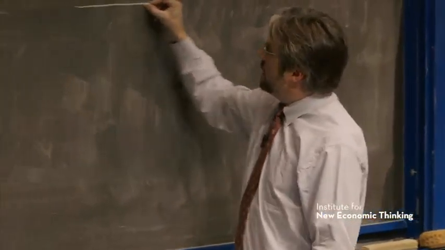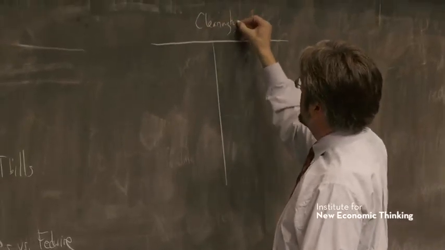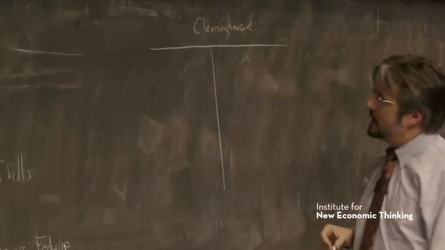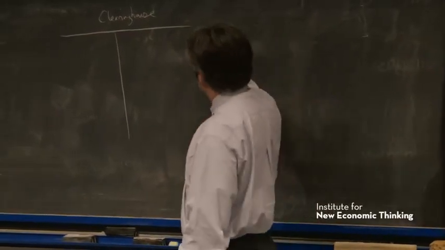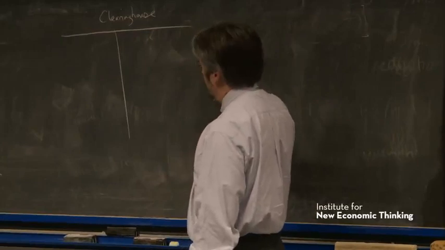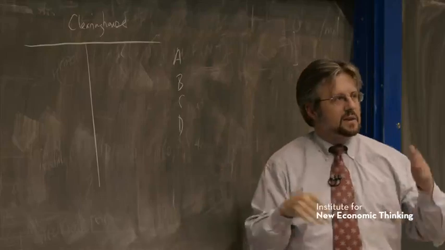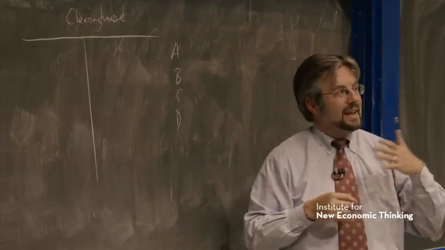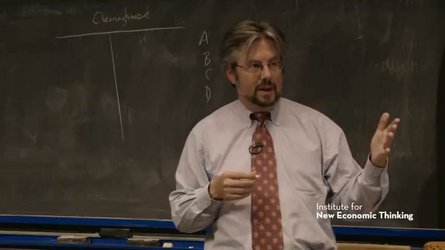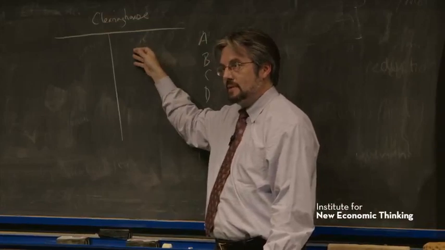And we talked about a private clearinghouse as having member banks A, B, and C, D, and so forth, okay? And so whenever a member of this clearinghouse makes a payment to another member during the day, there's no actual payment. It's just the clearinghouse is on the other side of all of those payments.